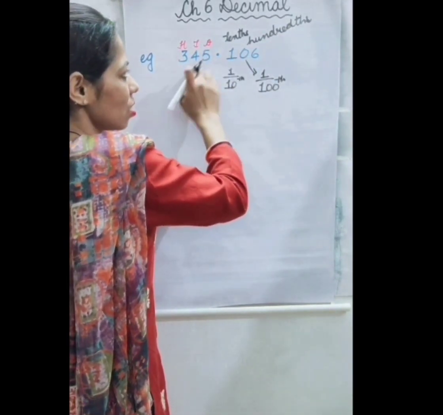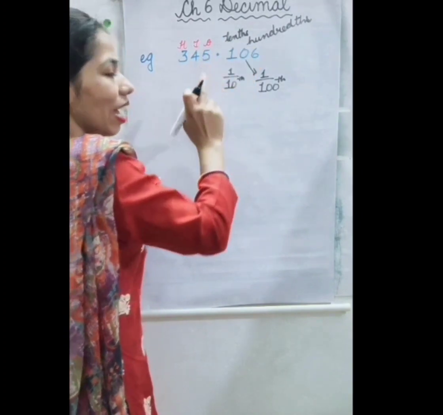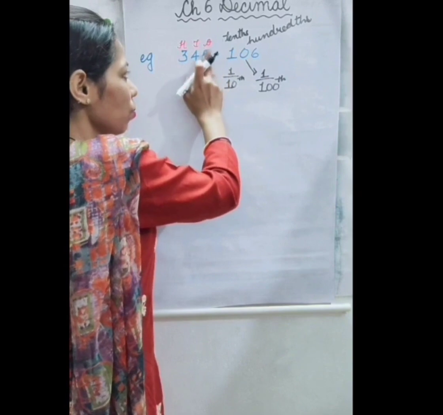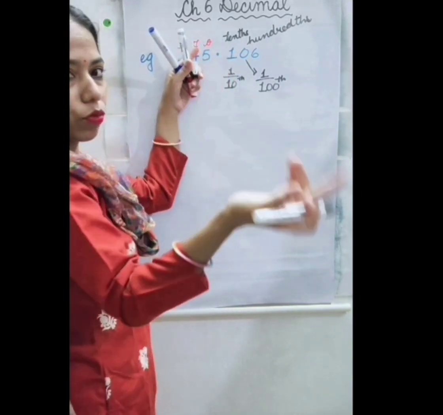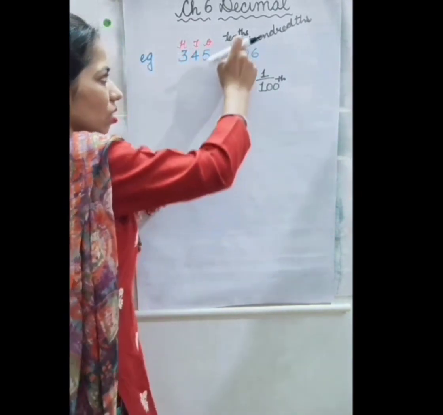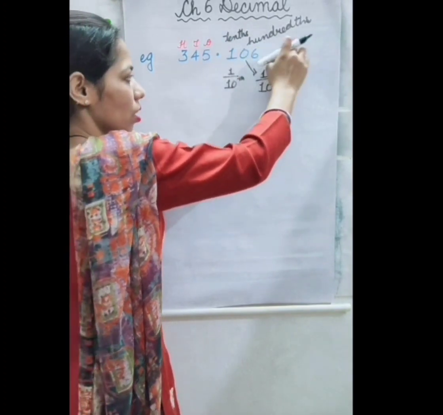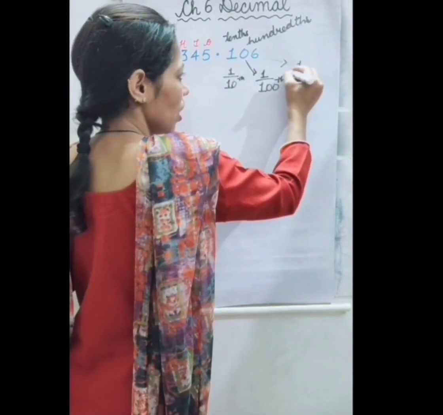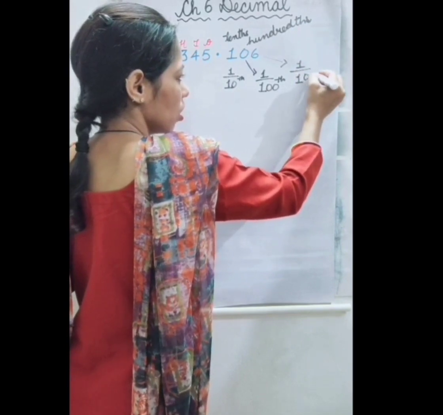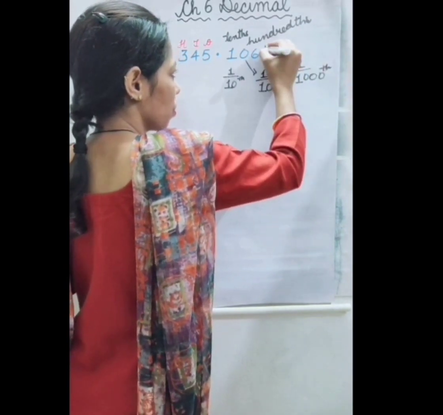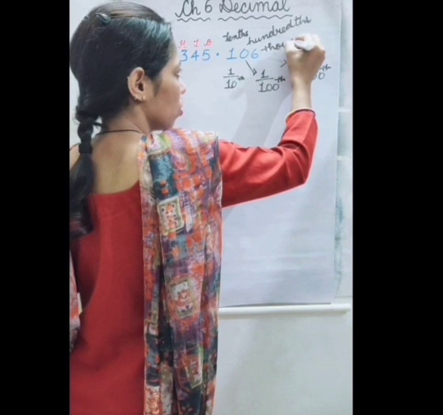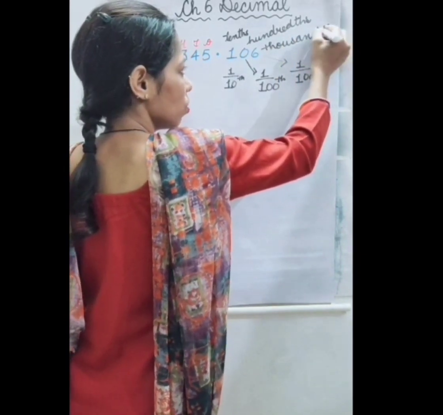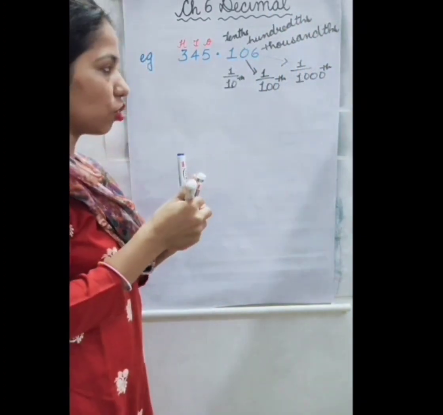This side it will be tenths, and there will be no ones on this side because ones is only one time, so we cannot repeat it. So 1 by 10th will be tenths, then hundredths, and 6 will be thousandths.